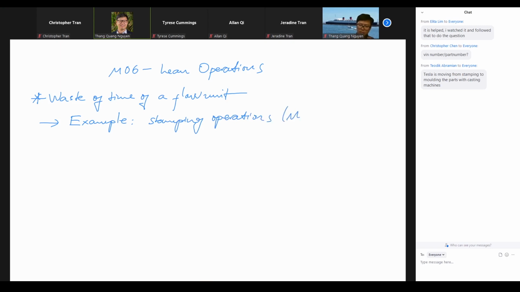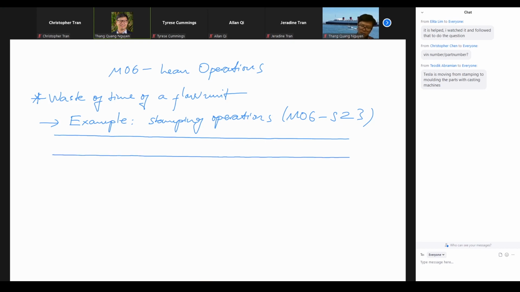This is module 6, slide, I think, 23, right? So again, it means that we track a piece of metal from start to end, like this. This is our stamping operation. It is a process like this.